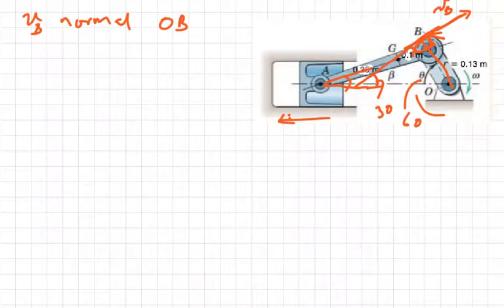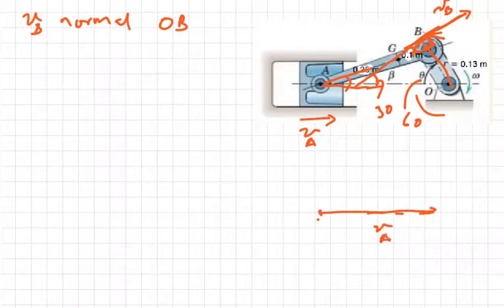Now we know that our VA will be horizontal because if this goes this way, it moves in that direction. Our VA will be going in that direction. So what we have is our VA would be from this fixed point, this would be VA, and then our VB is now this direction. So that's our VB.